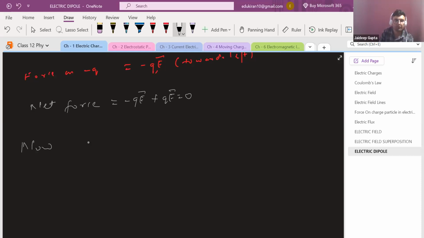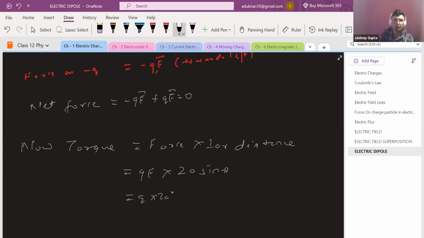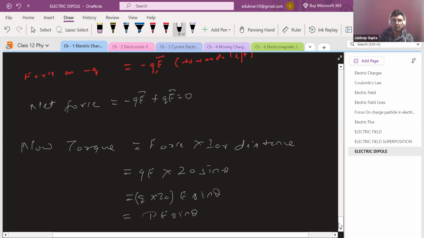Now torque. Torque equals force into perpendicular distance. Force equals qE, into perpendicular distance 2a sine theta. So q into 2a sine theta, that is pE sine theta.